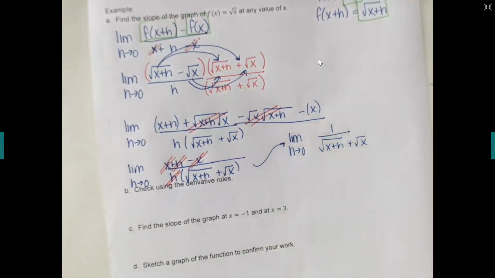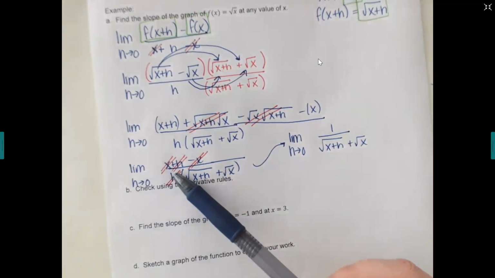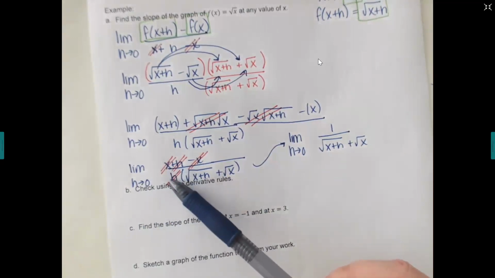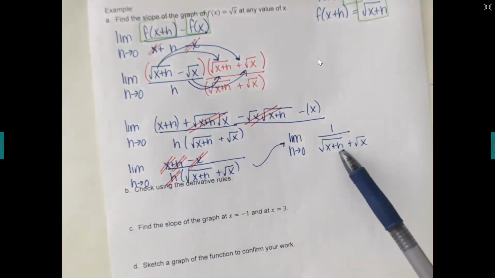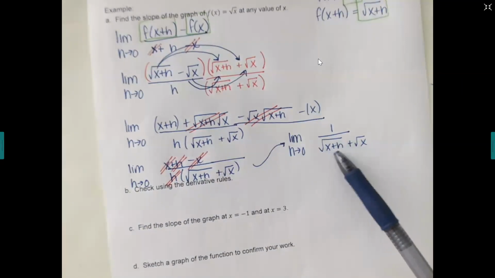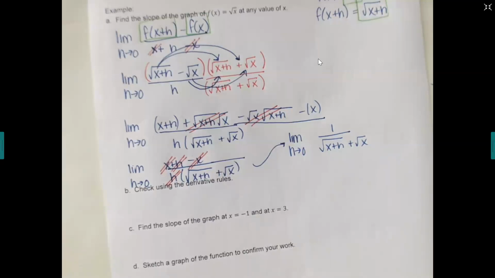Now, if you remember from the last example, the reason we couldn't plug h in sooner is because an h plugged in to an h on the bottom gives you a divide by 0. Now we do still have an h on the bottom, but it's in an addition. So having a plus h in the bottom doesn't really matter as long as it's being added to something and not giving you that divide by 0.